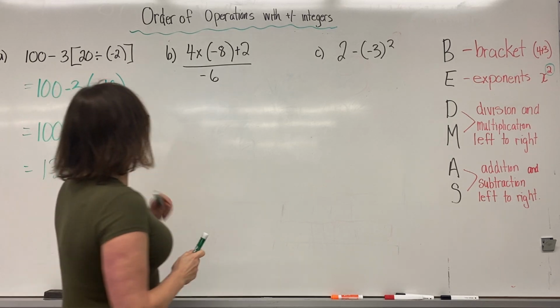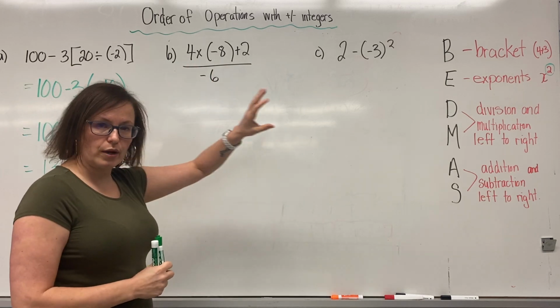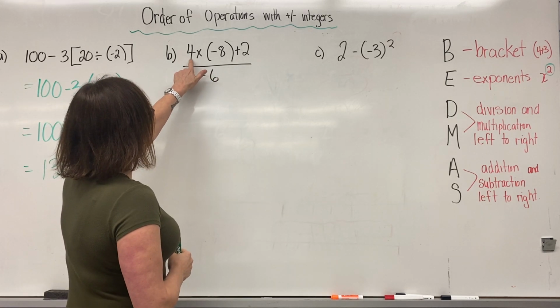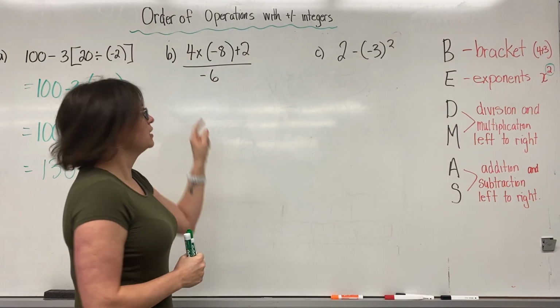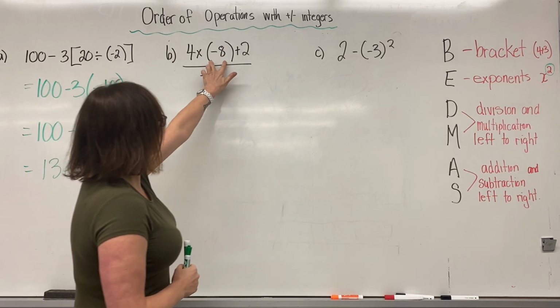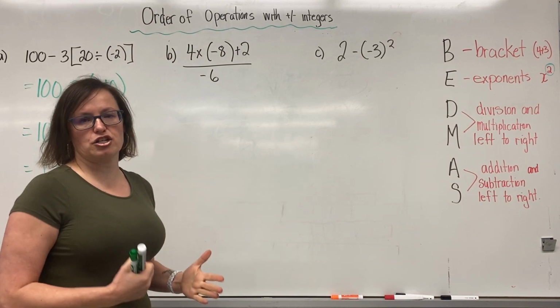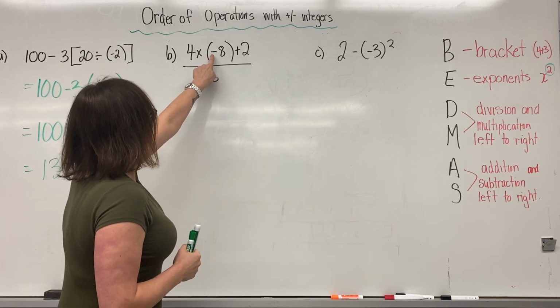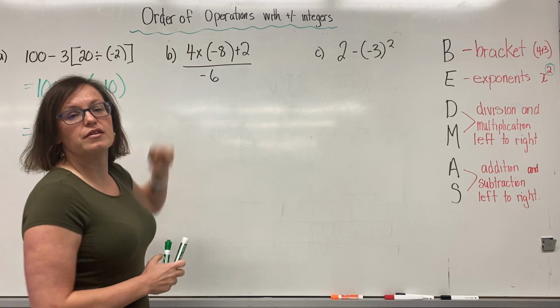All right, let's move on to the next one. So let's read the equation first. It says 4 multiplied by negative 8 plus 2 divided by negative 6. Okay? I see these brackets here, which is where I would start. However, there is not an operation in there because the brackets are there to separate that negative integer from the operation.